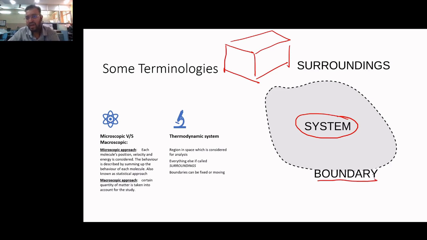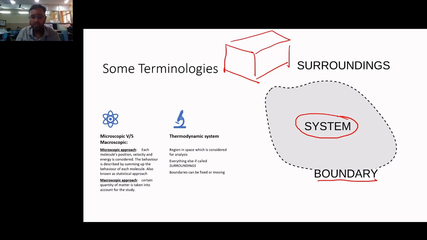These boundaries can either be fixed or moving. In some cases they can allow the flow of matter and energy across them. Everything outside the boundary of the system is termed the surroundings, and the system combined with the surroundings is termed the universe.